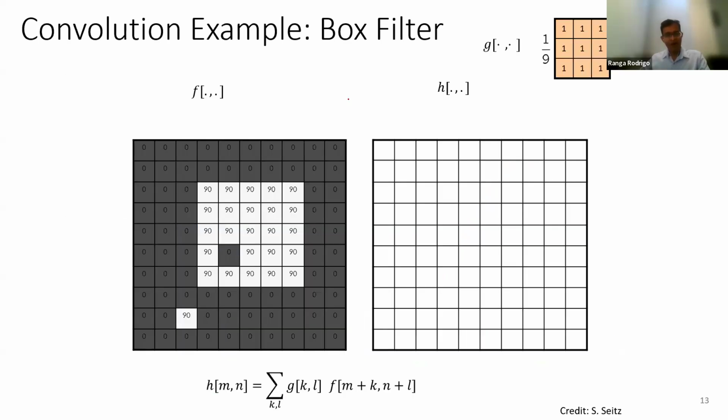And then we looked at what convolutions mean. You keep the kernel there and you multiply the underlying numbers with the numbers in the kernel. Here, because all these numbers are zeros, and you multiply them with 1 over 9, all the numbers in this kernel are 1 over 9s. When you multiply them with 1 over 9s and add them, you just get 0 because all the underlying values are 0.